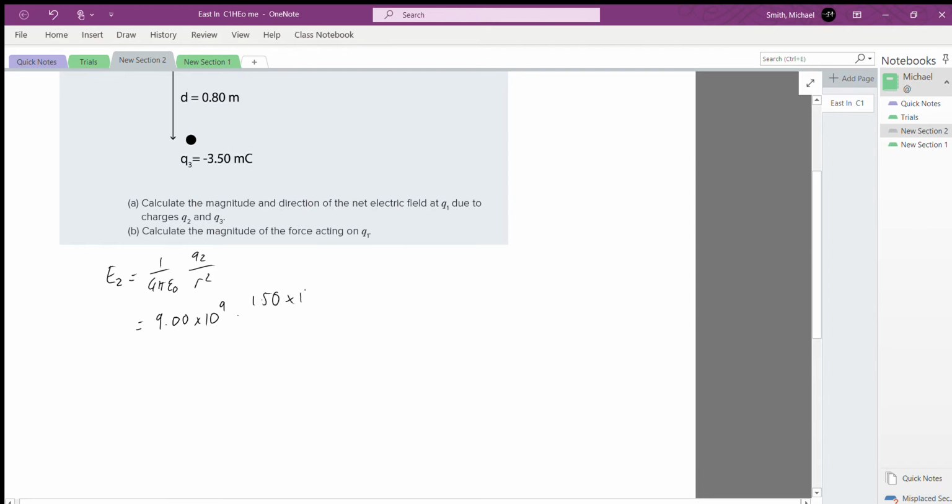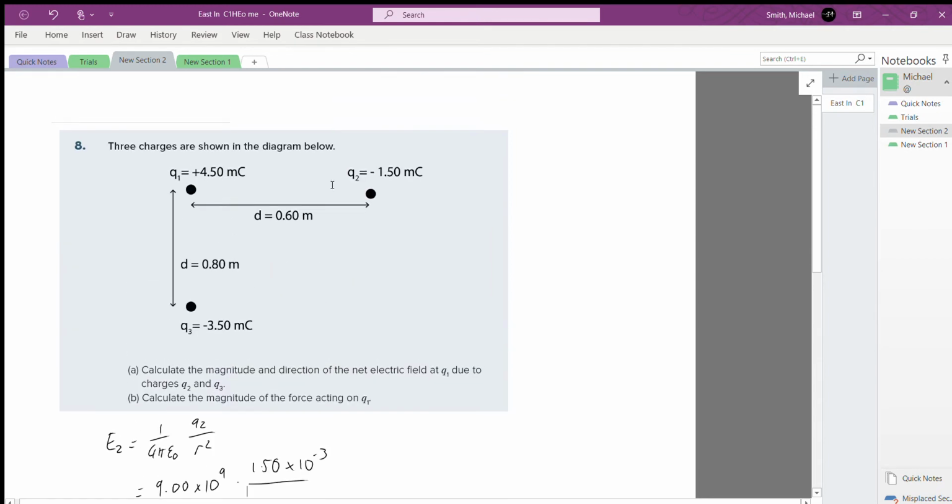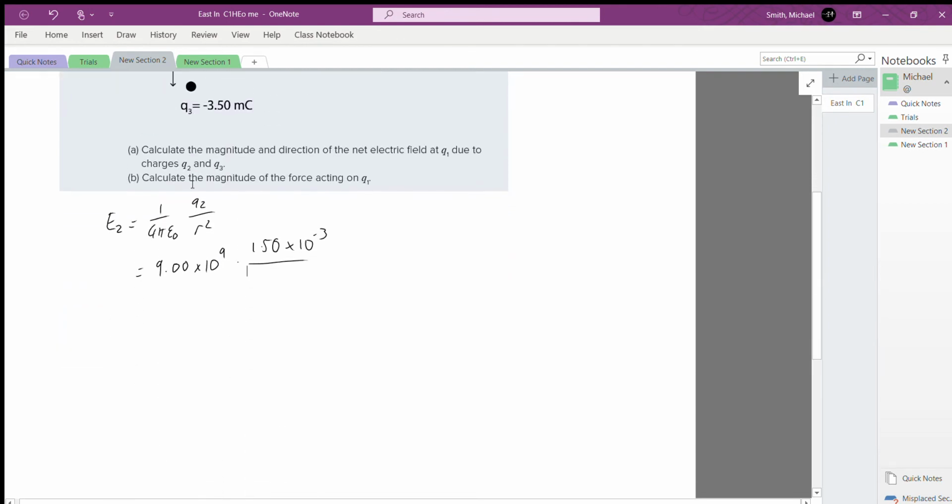Milli is 10 to the power of minus 3, and the distance between the two is 0.6. So over 0.6 squared, which if we substitute into our calculator, we get 3.75 times 10 to the power of 7 newtons per coulomb.